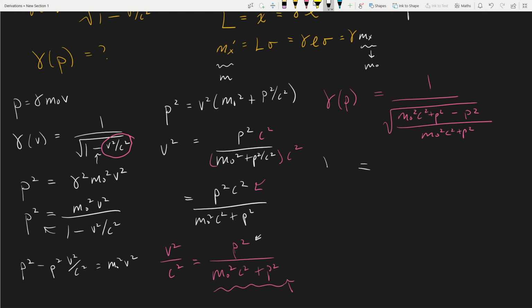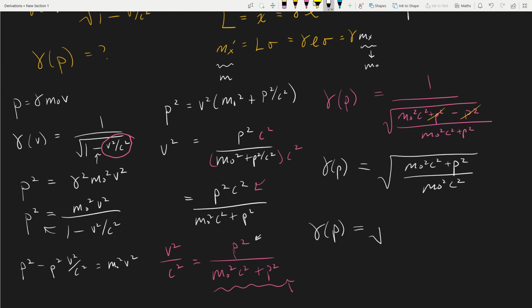Okay, so then the last step, obviously, our p's cancel. That's nice. And then this whole thing flips and becomes, sorry, let me write this root bigger, m naught squared c squared plus p squared all over m naught squared c squared. And this, of course, reduces to 1 plus p over m naught c all squared.